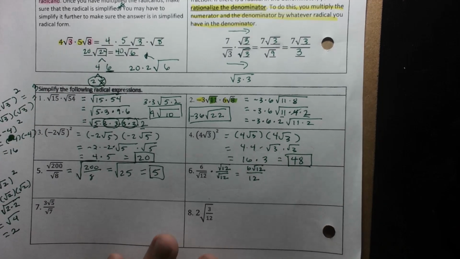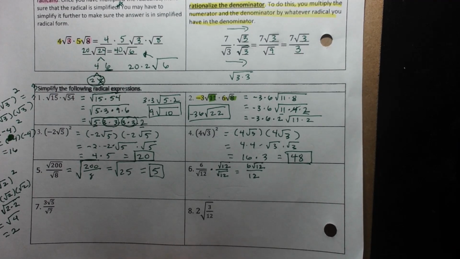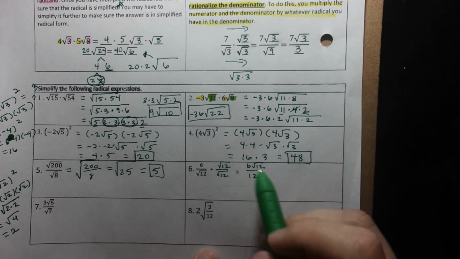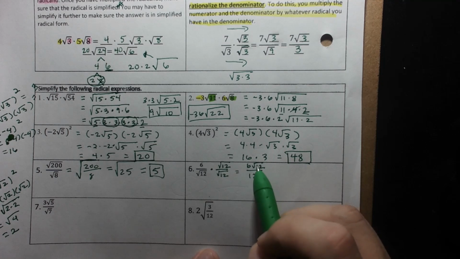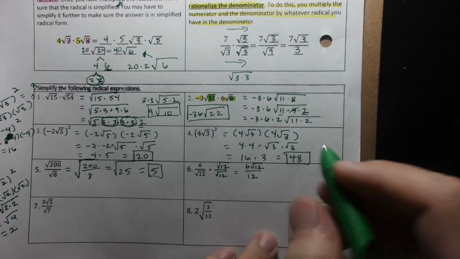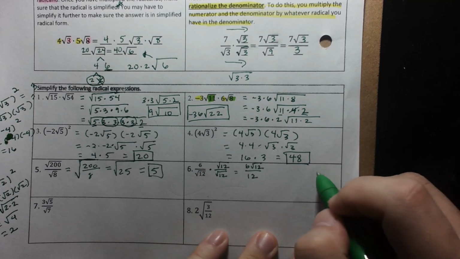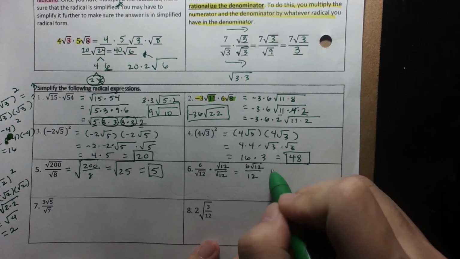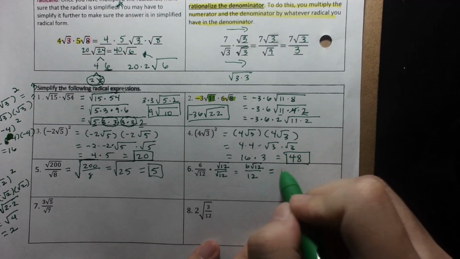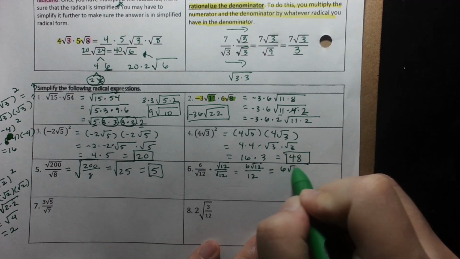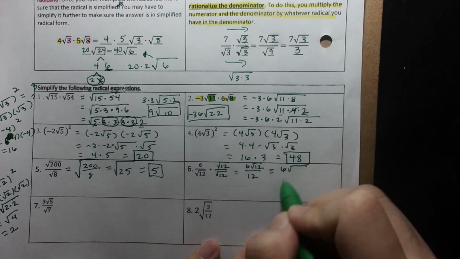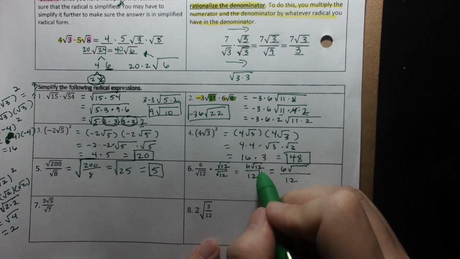Okay. And what I need to do is take a moment and check to see if I can simplify this radical here. So we have the square root of 12. Let me rewrite this as 6 times the square root of 12 all over 12. And now I'm going to think of two numbers that multiply together to give me 12.